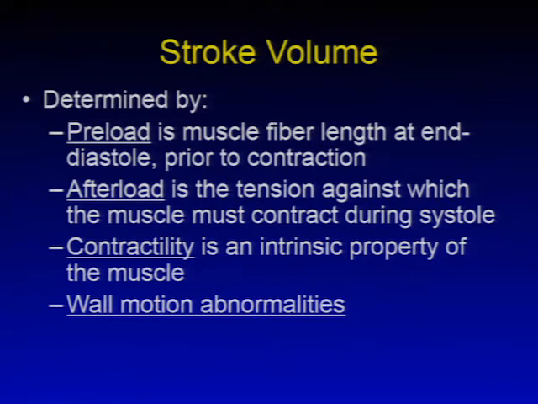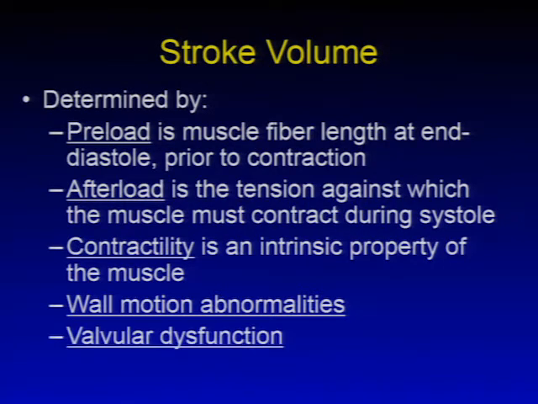Stroke volume is also influenced by things such as wall motion abnormalities for patients who may have had an ischemic event or infarct, scarring of the wall of the muscle. Also, valvular dysfunction has a great influence on stroke volume, whether they're stenotic or regurgitant lesions limiting the forward movement of blood into the arterial tree.